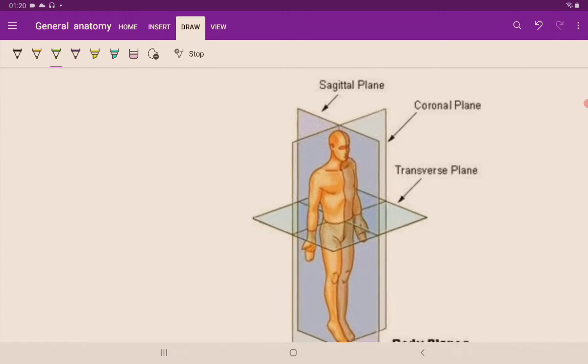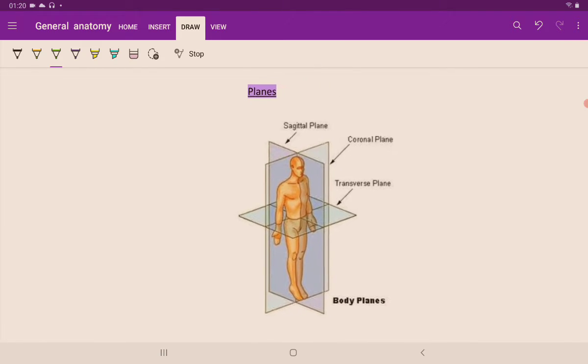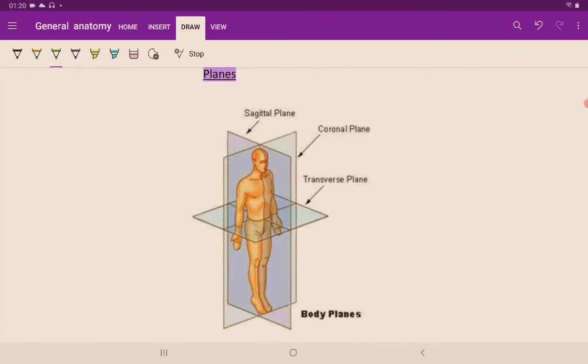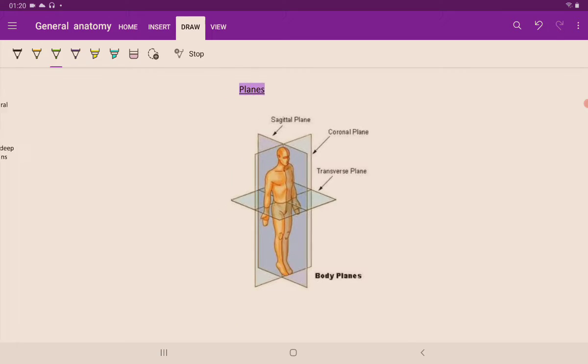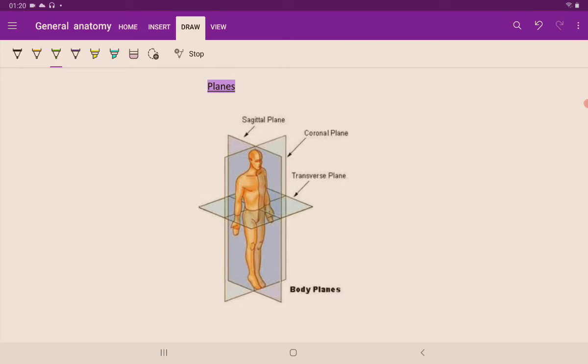now the planes, guys. Planes become important in many things. When we are seeing an MRI image, a CT image, it becomes very important in what plane you are seeing. Okay, see here guys, the sagittal plane is basically which goes through the median line, the median plane, we call that the median sagittal plane too.